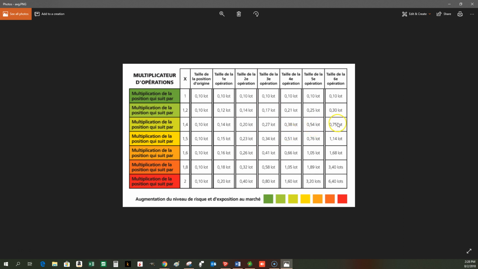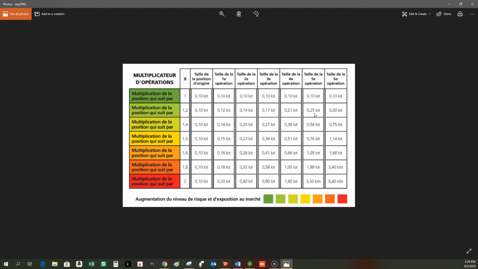One lot would be the first level, or the second level, because if you sum up the second level, for instance, 0.10 plus 0.12 plus 0.14 plus 0.17 plus 0.21 plus 0.25, after the 5th position it's already one lot, and we don't have one lot.